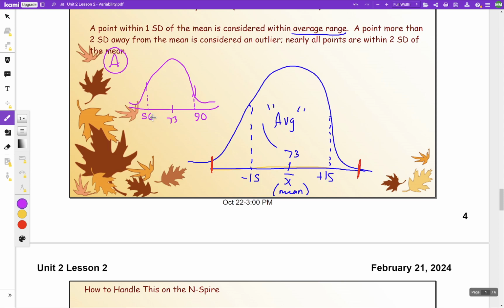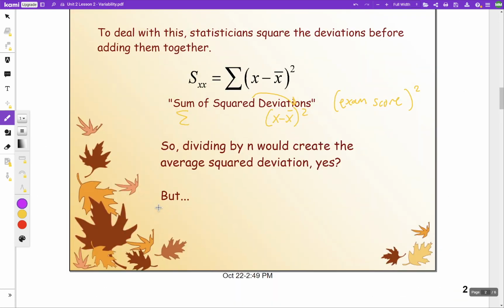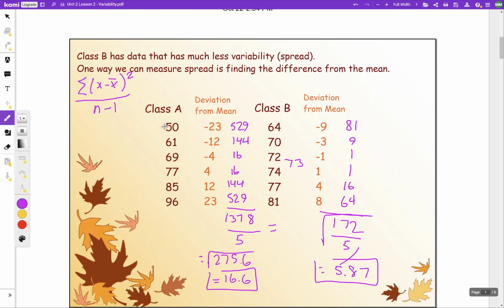Well, that's a huge range of scores, right? That's just because the scores for that class happen to be so large. If we look at them, 56 and 90. Scrolling back up here, if you look at that, 4 of the scores are within that range. 2 of them are not.